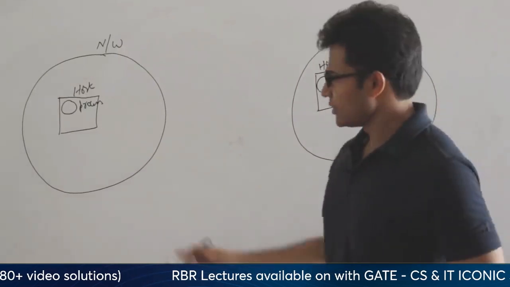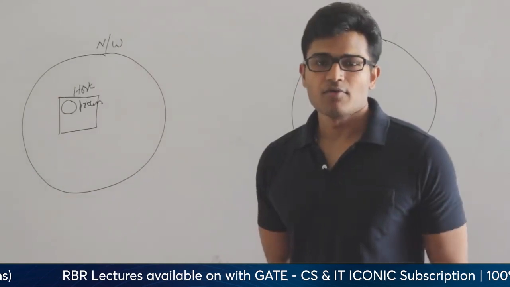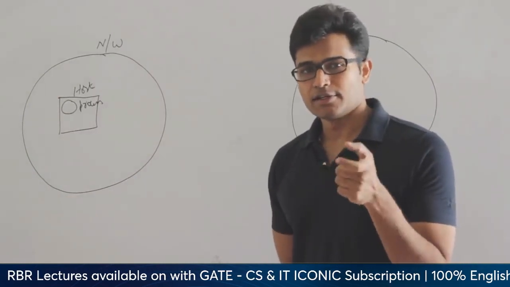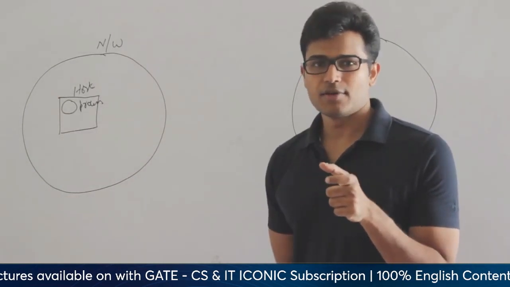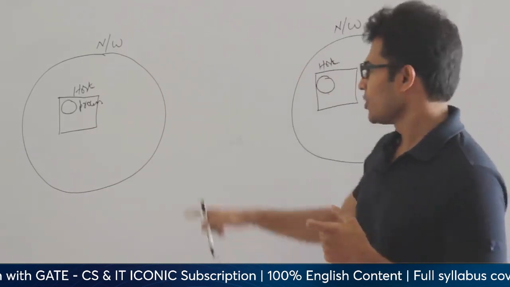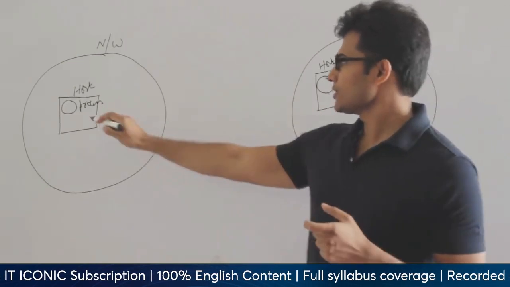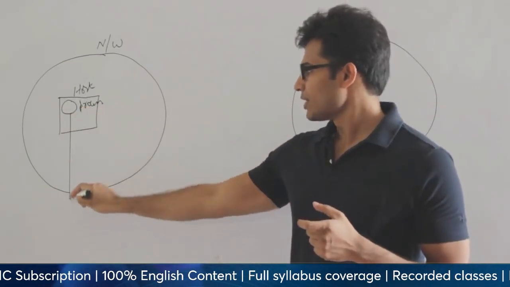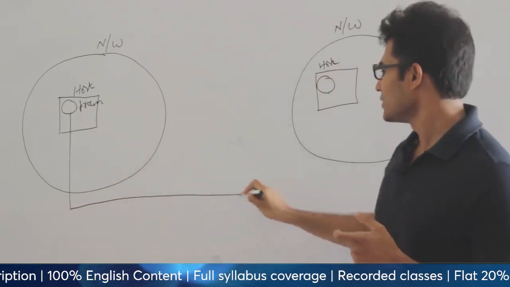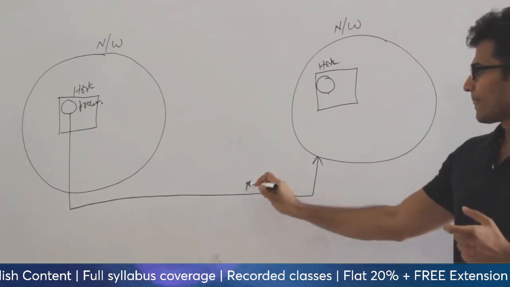So what did you type in your web browser? www.google.com. Now when you type that domain name, it has to be converted in such a way that you are going to identify the network here. Which means your request has to start from here and it has to first reach the destination network, isn't it?